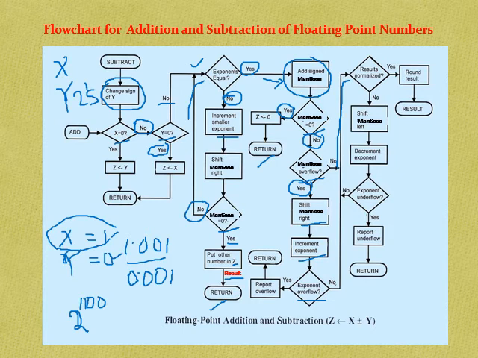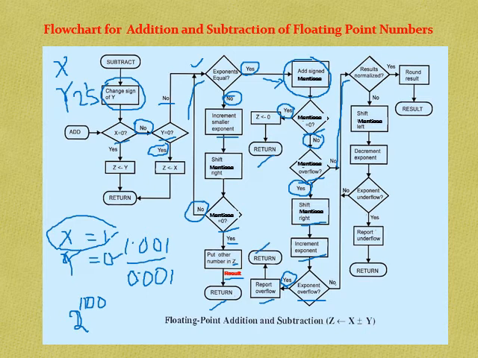I have to check whether the exponent is overflowing or not. If the exponent overflows, that is yes, then report overflow. That means overflow is there, our algorithm reports the overflow and there is no result. It shows an error and the operation will be stopped here.